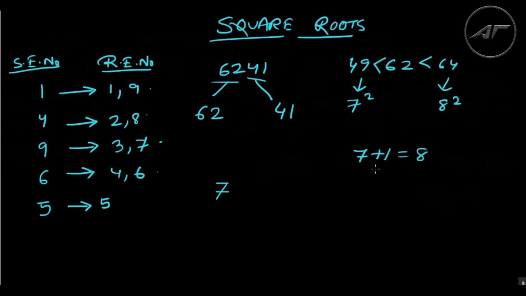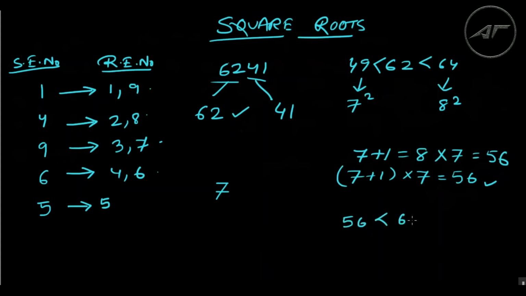Now multiply it with 7, that is 7 plus 1 is 8, into 7, which is 56. Compare this number with the first two digits of the number whose root we are finding. 56 is less than 62.